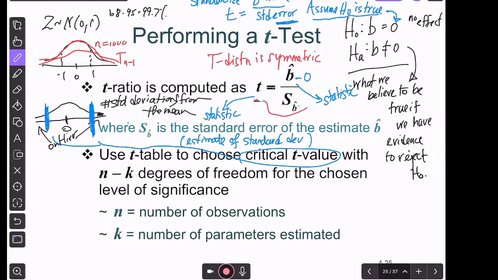And when we talk about t-distributions, the degrees of freedom for picking a critical value, with many parameters, this k has to do with the number of parameters. So what am I talking about? How many parameters are in your equation?